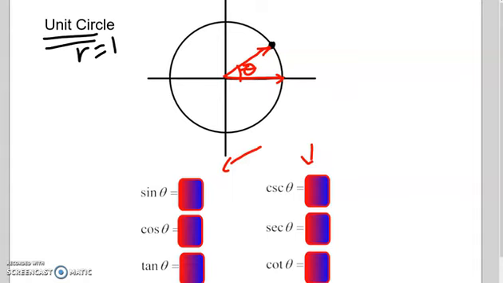So what we can do is, let's erase all this. We can create our point wherever we're interested in finding trig ratio. Draw our terminal side to the center and drop a straight line from that point towards the x-axis.